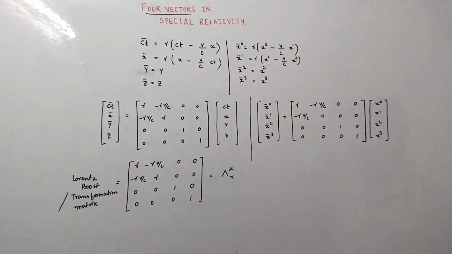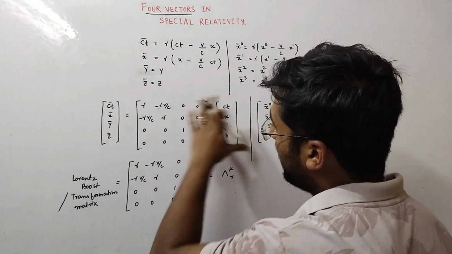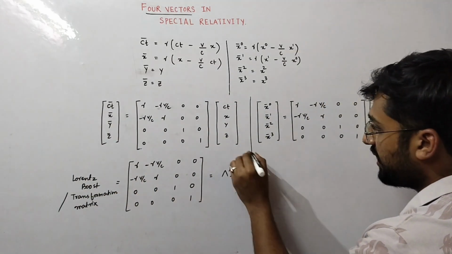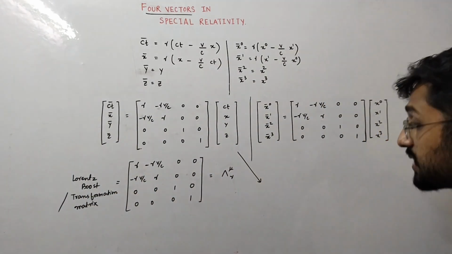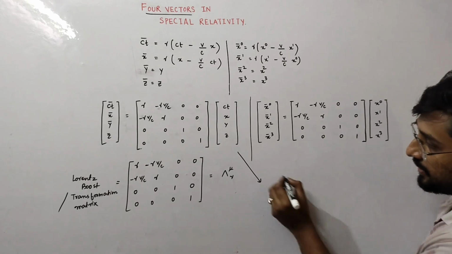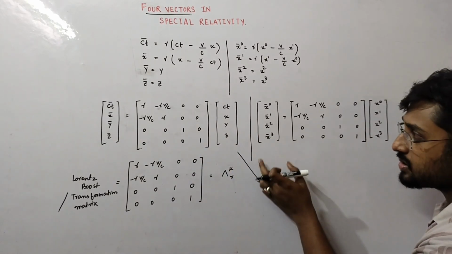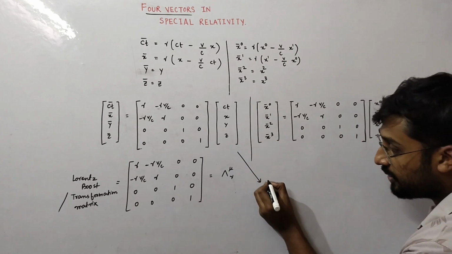Okay, so now instead of writing such big equations or such a big form, I'll try to express this in a very short notation, and this notation that I'm writing can be used for both the cases, as you will see right now.